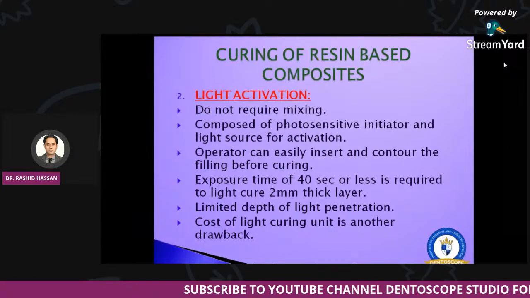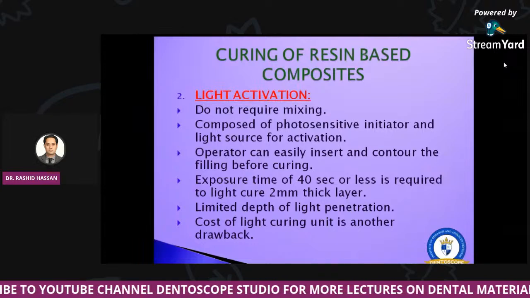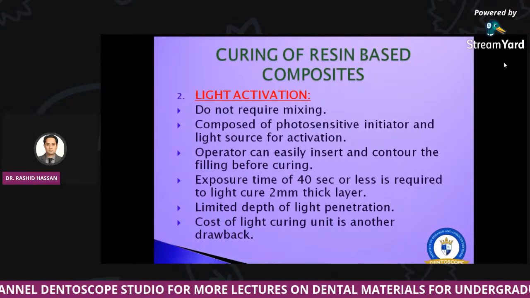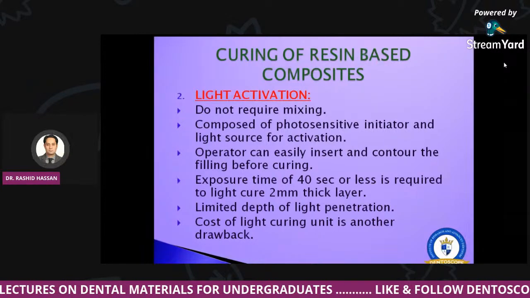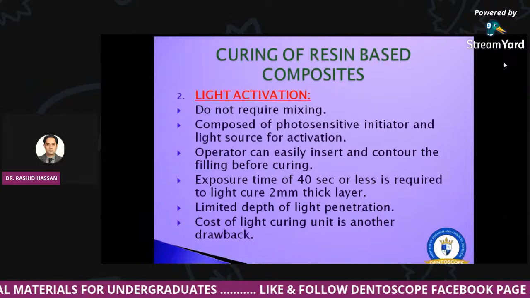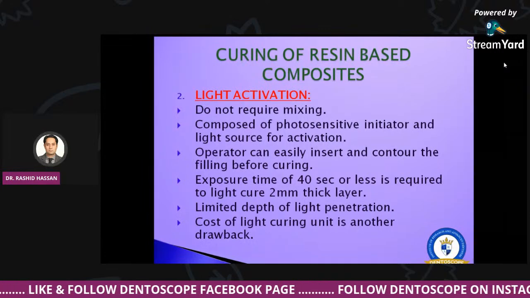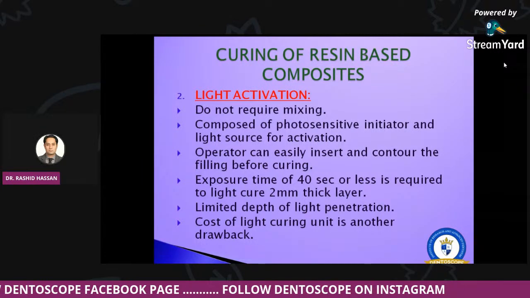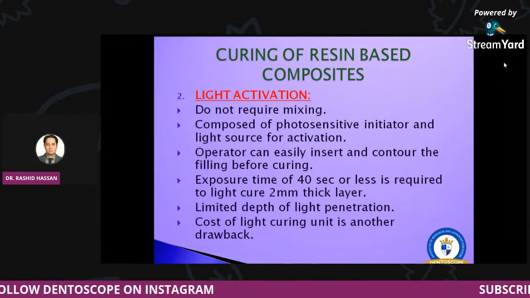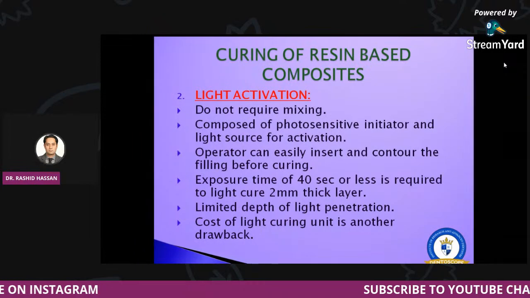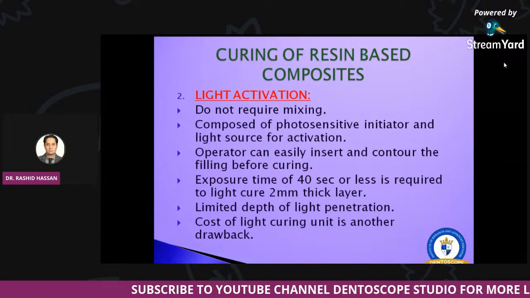It is composed of a photosensitive initiator, and a light source is required for the activation. As I told you, camphorquinone is used as a photo initiator, right? And blue light starts the curing process. This is the thing I want to point out. That is the main difference between a chemically cured and a light cured dental composite: the operator can easily control the polymerization reaction.